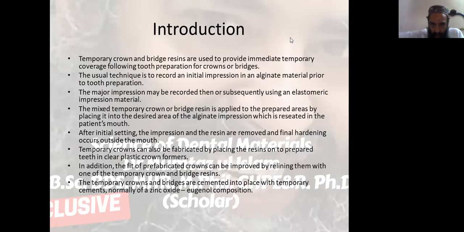You always have to use elastomeric impression materials. Then the mixed temporary crown or bridge resin is applied to the prepared area by placing it into the desired area of the alginate impression, which we have recorded first before preparation of the tooth, and it is reseated in the patient's mouth, the first impression.